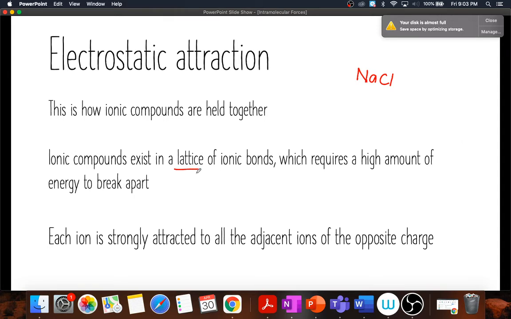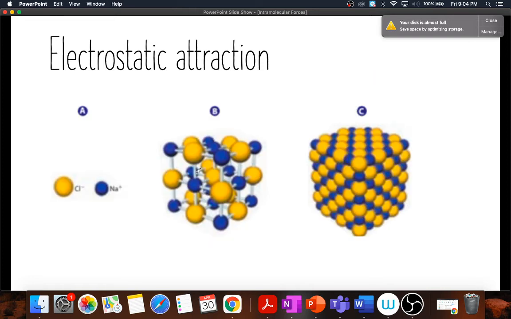It's not just one Na ion and one Cl ion, but several different ones that are arranged in a very, very specific structure, right? And because there's a bunch of them held together, there's a lot of energy that's required to break it apart. Each ion is strongly attracted to all the adjacent ions of the opposite charge. So if you take a look here, the blue is supposed to represent the sodium cation, and the yellow is supposed to represent the chloride anion, and they're arranged in such a way.